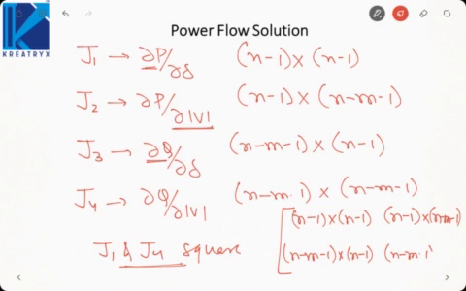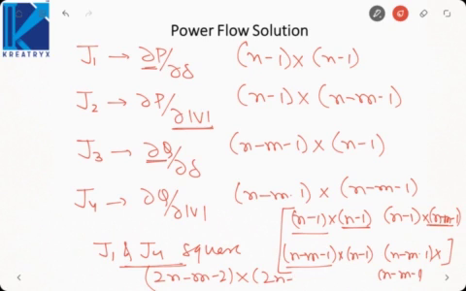J4 is n minus m minus 1 cross n minus m minus 1. So what is total number of rows? N minus 1 plus n minus m minus 1, that is 2n minus m minus 2. What is the total number of column? N minus 1 plus n minus m minus 1. So this is the order of Jacobian, that is 2n minus m minus 2 cross 2n minus m minus 2.